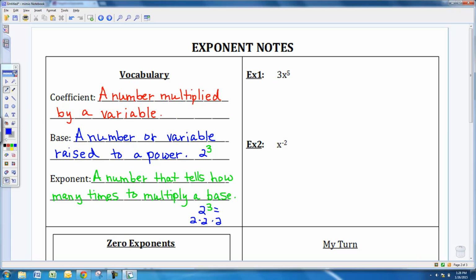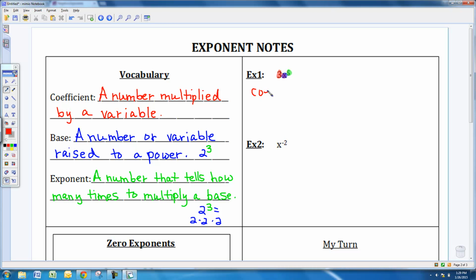Okay, let's look at some other examples. In example 1, our coefficient is 3. The 3 is multiplied times the x to the fifth. Our base is x. X is raised to the fifth power, which means it's going to be multiplied 5 times. And our exponent is 5.